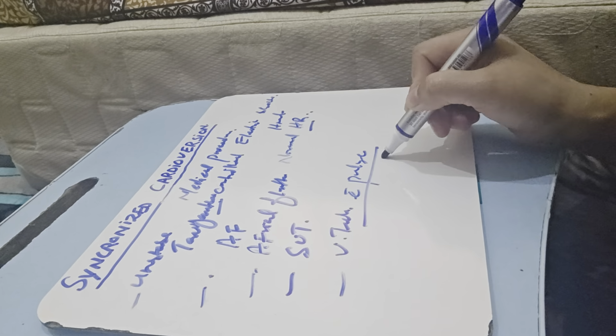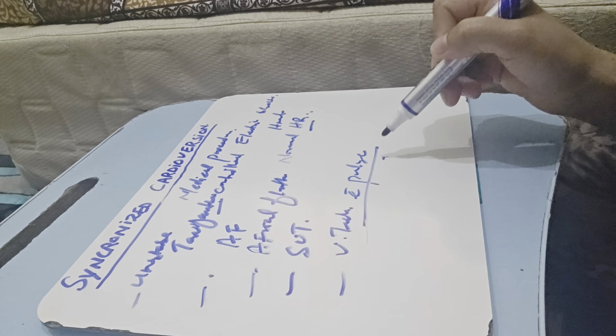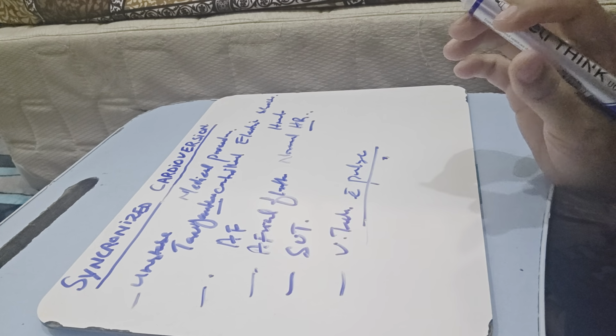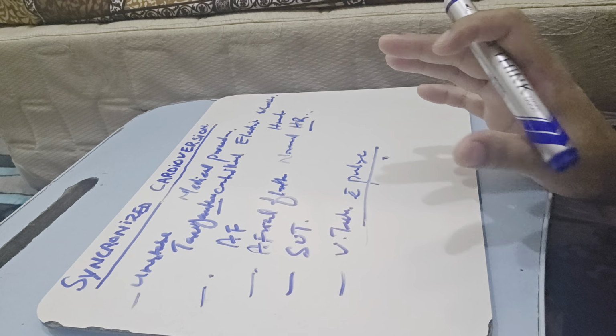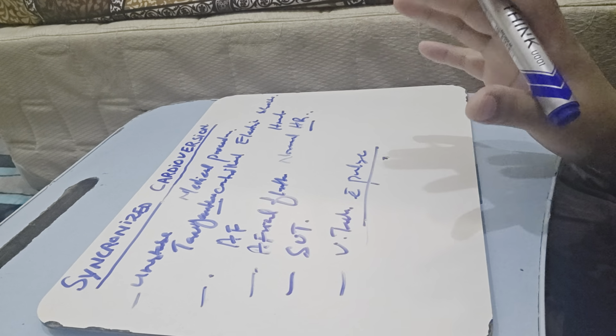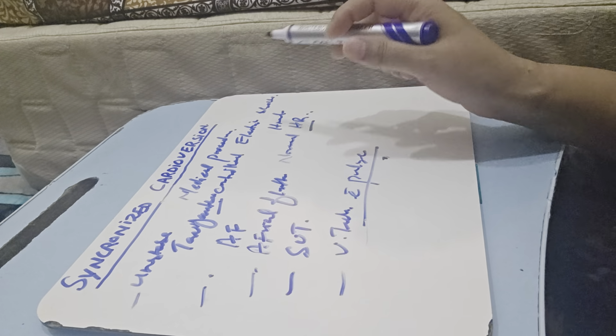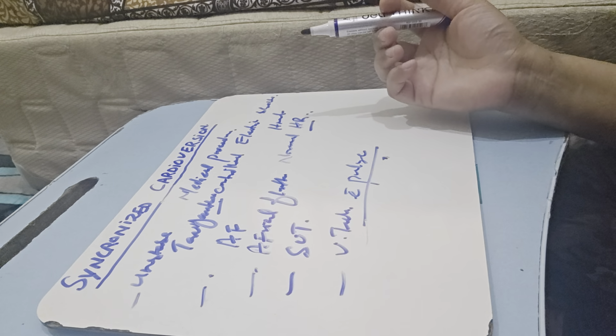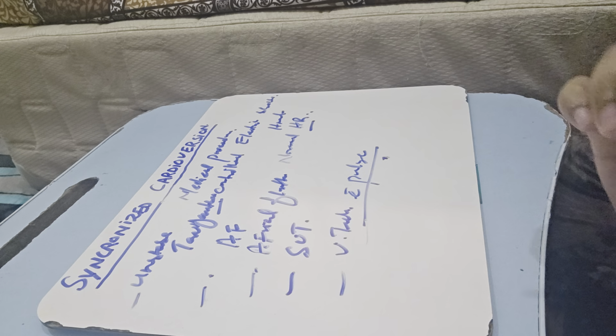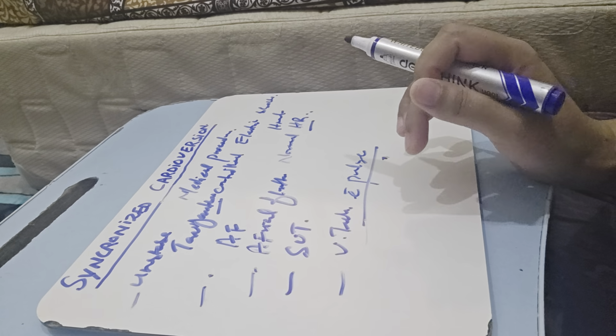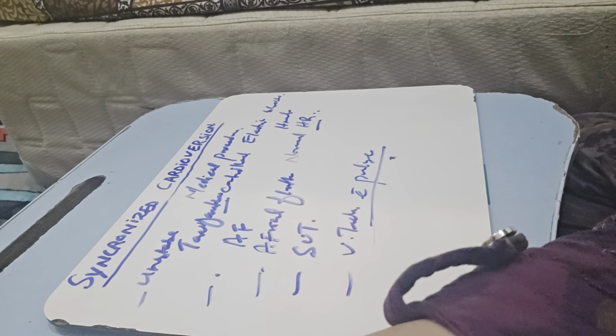This is the key point here: ventricular tachycardia but with pulse. If there is no pulse, we have to use defibrillation. Note: cardioversion we use with a pulse, but if the patient doesn't have a pulse, we use defibrillation.